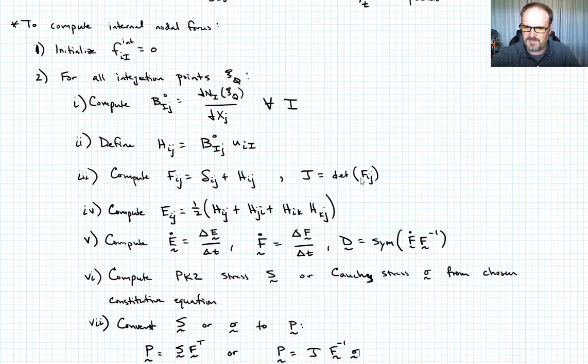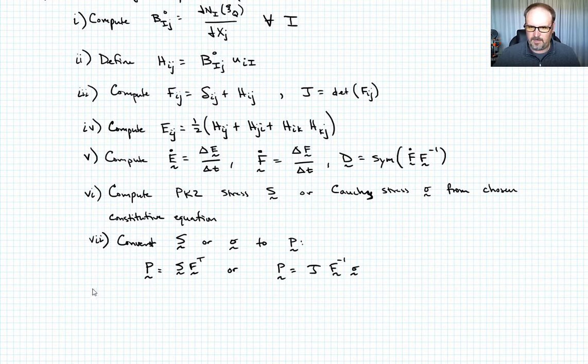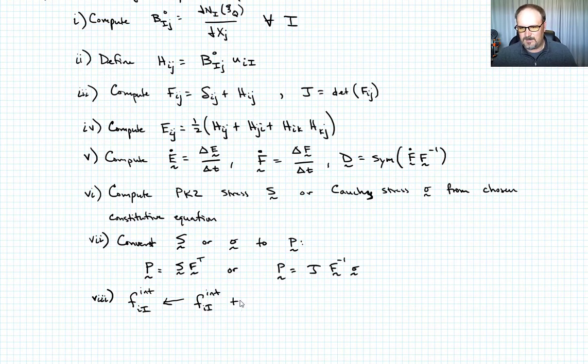But one more step in this for loop. Number 8: we're going to update F_int, little i, cap I. We're going to update it by the summation of whatever the previous value was, plus the quantity B_Ij naught transpose times P_ji that we just computed above, times the quantity J_xi naught, times W_q bar.